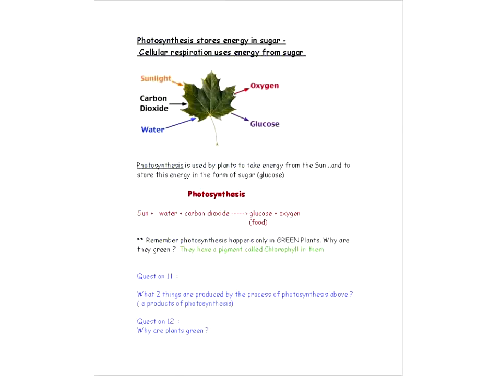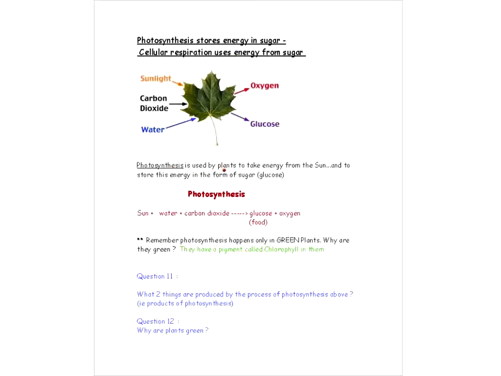Good stuff. All right, so now we're going to talk about photosynthesis. It's that big word. Photosynthesis stores energy in sugar, but cellular respiration uses energy from sugar. Okay, so let's focus on this leaf that has to do with photosynthesis.